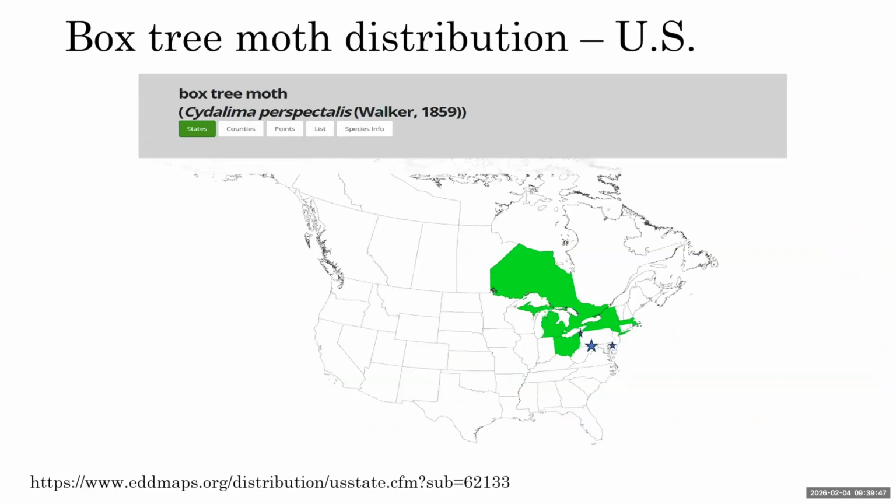So when we look at EDDMapS, which is a site that has arthropod pest distributions listed, the site's hosted by University of Delaware or University of Georgia, and you can report information to them where you find pests. I pulled this off last night. Added in here, you can see this area in green. That's where they have documented finds of box tree moth.